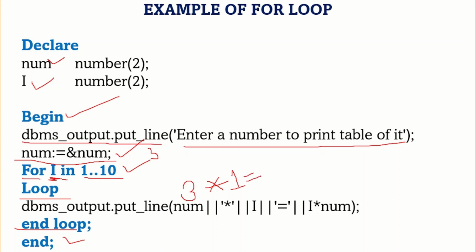The equals sign will come from here, and I into num means 1 into 3 is 3. Second time, what will happen? This num will remain the same, 3, but I will be 2 now. So 3 into 2, and this equals sign will come here, and 3 into 2 is 6.